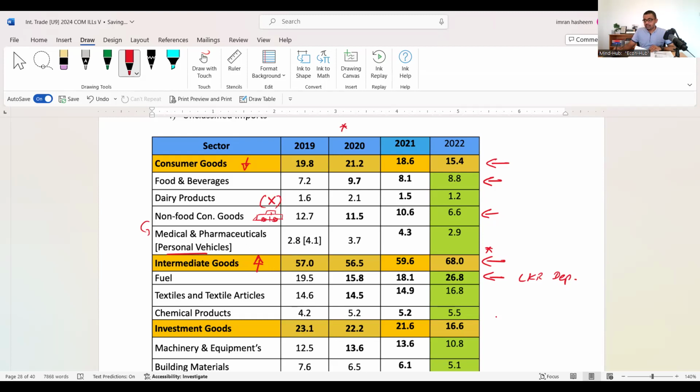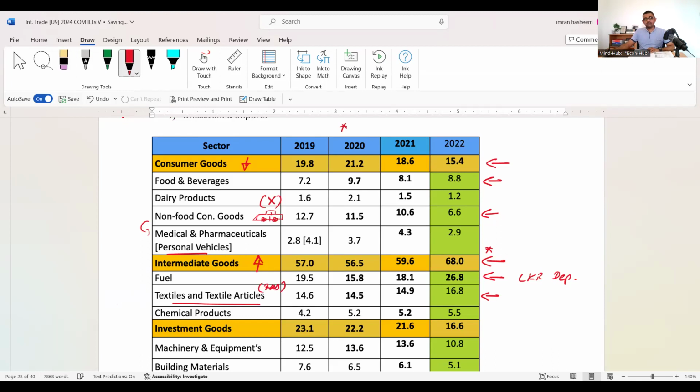Then this is interesting. One of our biggest intermediate goods import items is textiles and textile articles, because these are the raw materials that we use in our industrial sector. Mainly as raw materials, RM.